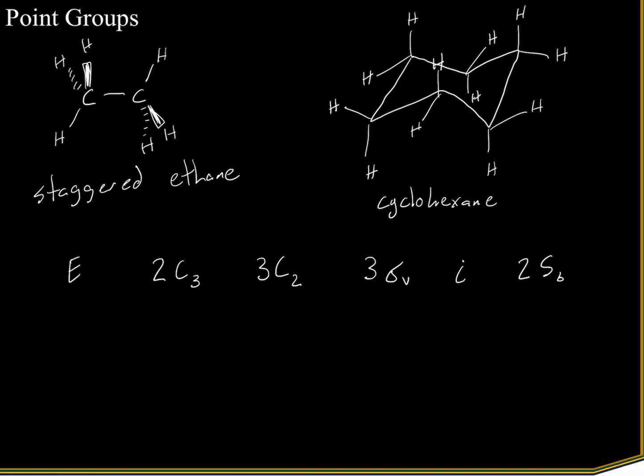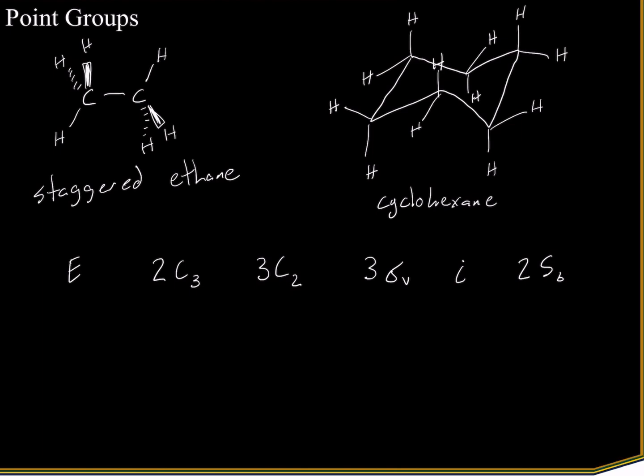This is, again, a hard task here, but we want to be able to identify where these are, because what's happening now is we're going to be getting these lists of symmetry operations, and you're going to need to find these operations on a given structure, right? So now that you have the list, you need to be able to work backwards as well.